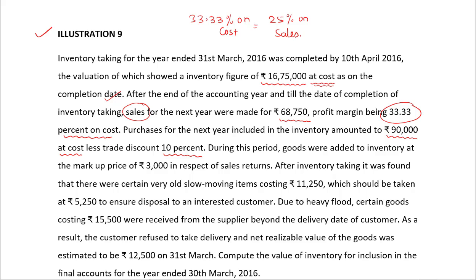So from this 90,000, the trade discount of 10%, that is 9,000, needs to be deducted. That would lead us to 81,000, and that would be the purchase for the next year. The net purchases for the next year would be 90,000 minus purchase return 9,000 equals 81,000.